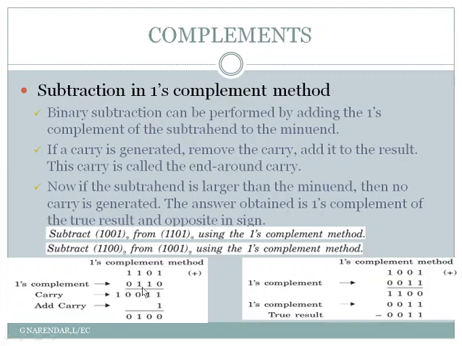We are subtracting 0110, that means it is 4 plus 2, 6. So 6 we are subtracting. The result should be 9.